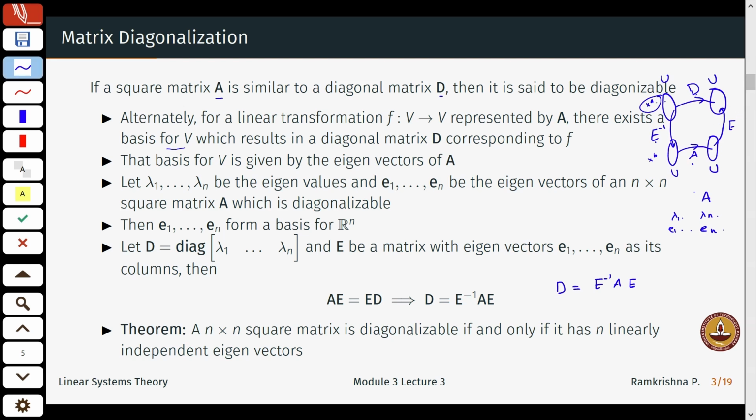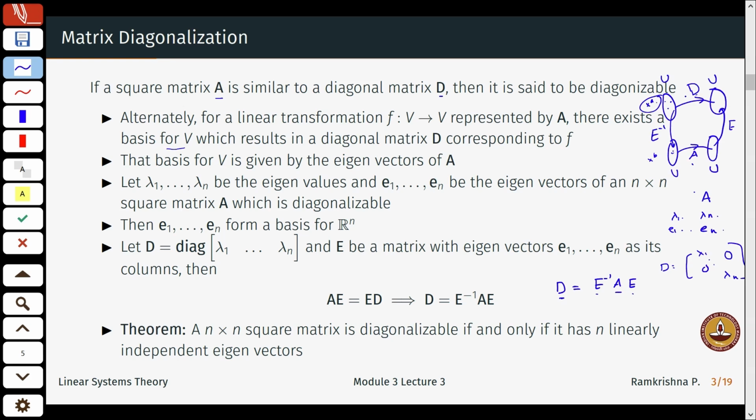So, if I can go from here to here, I can always go from this point to this point. Okay. So, given A, can I find a D such that its diagonal entries are just the eigenvalues and the remaining entries are 0? Now, the question boils down to: does there exist an E? If there exists an E, what are those E's that will take me from A to its diagonal representation?